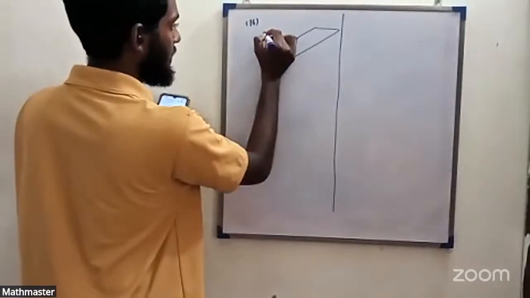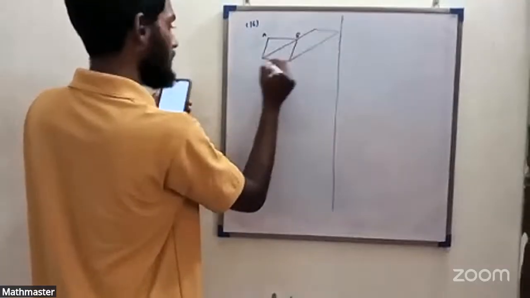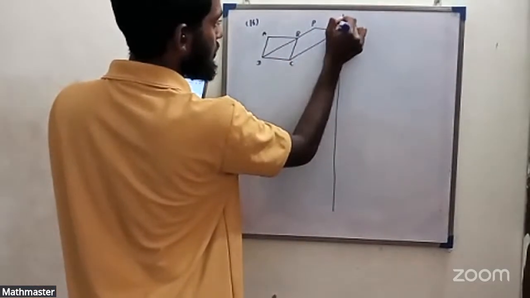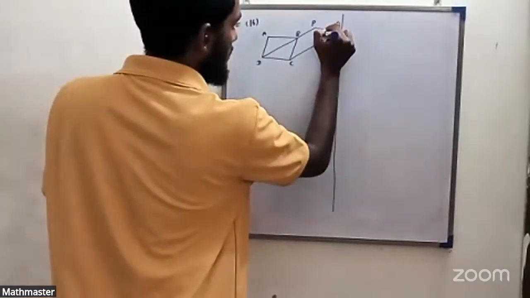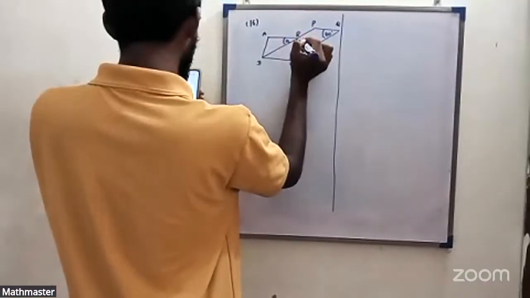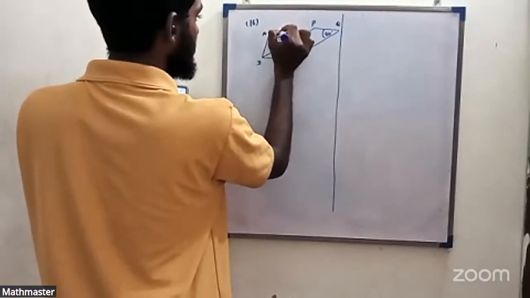This is A, B, D, C, P, Q. This they have given as 40. This is 6 centimeters.